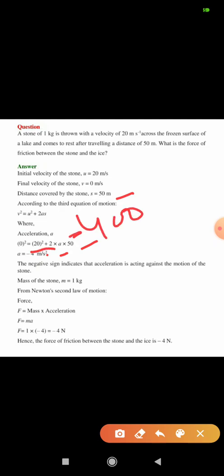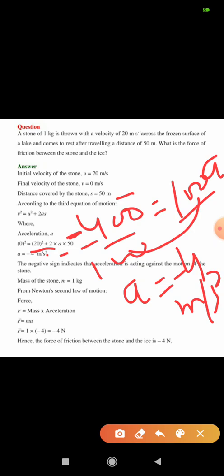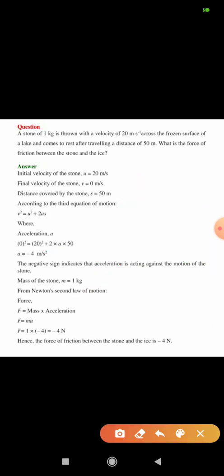When this comes to the opposite side it will be minus 400 is equal to 100a. 100 will come to the opposite side of the equal sign. It will become a is equal to minus 4 meter per second square. When it comes in division it will cancel and you will get 4. Fine. Now a is equal to minus 4 meter per second square.